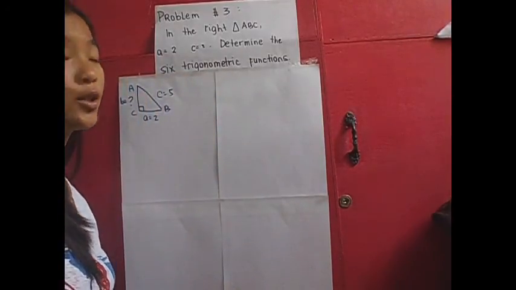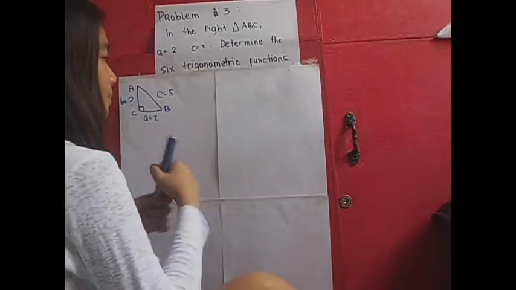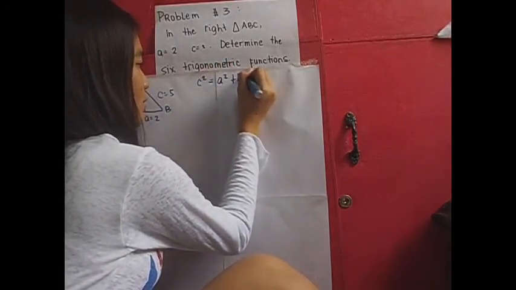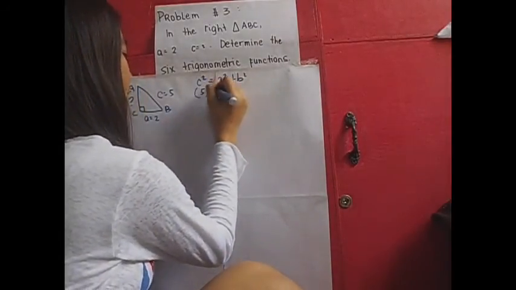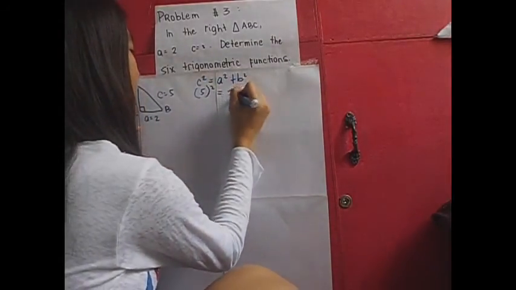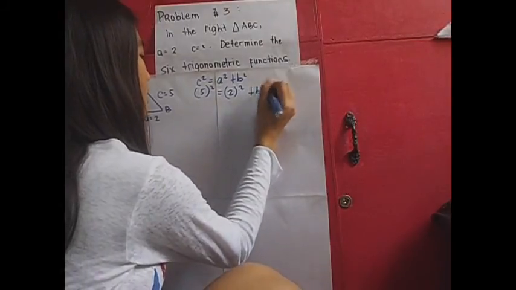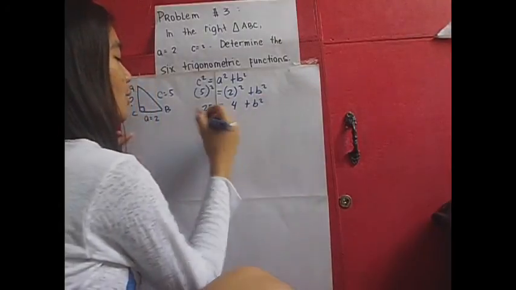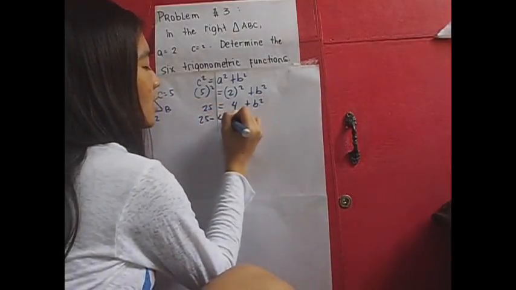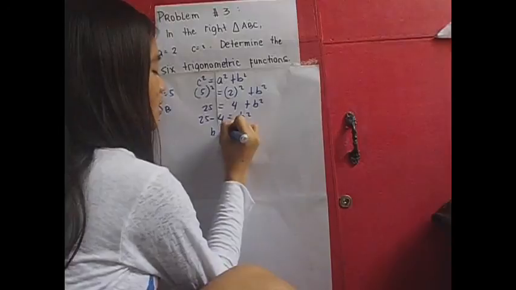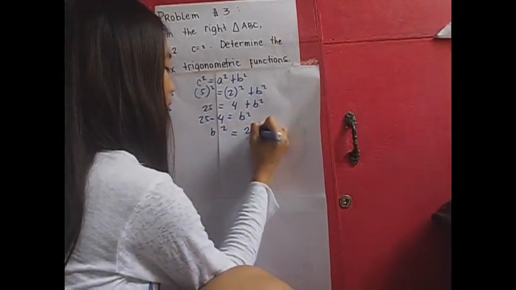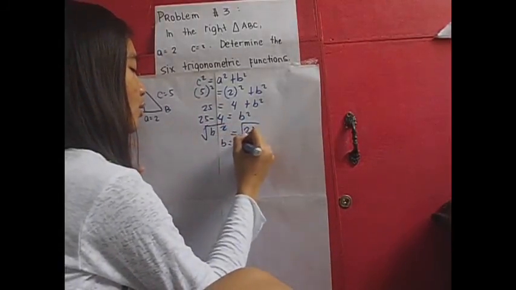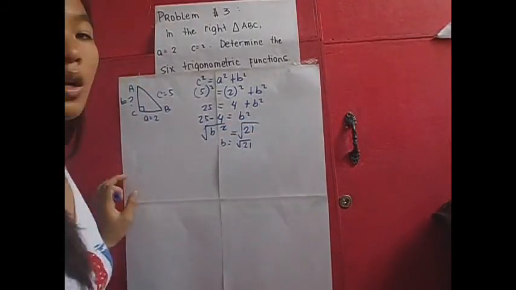We need to use the Pythagorean theorem to solve for B. C squared is equal to A squared plus B squared. 5 squared is equal to 2 squared plus B squared. 25 is equal to 4 plus B squared. Transpose: 25 minus 4 is equal to B squared. B squared is equal to 21, the square cancels. B is equal to the square root of 21.